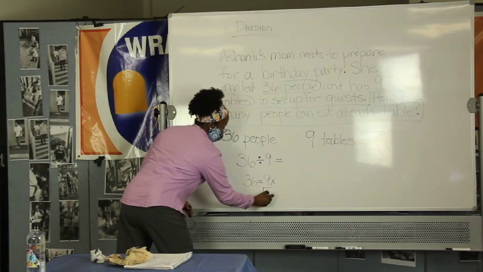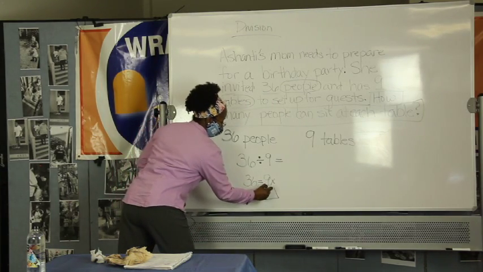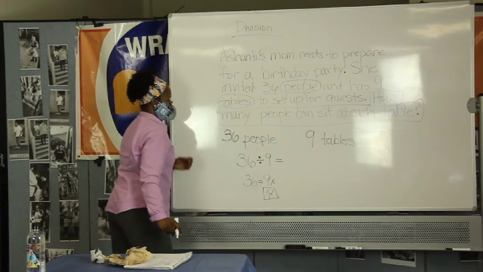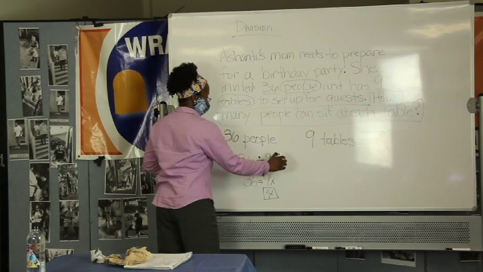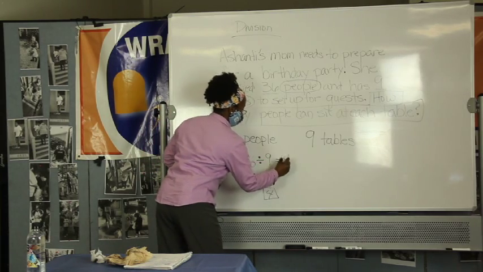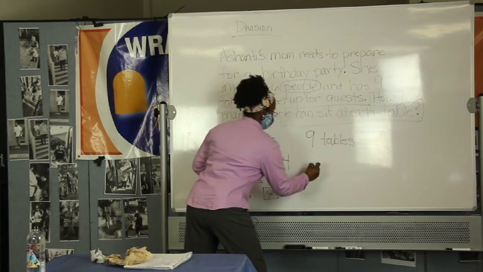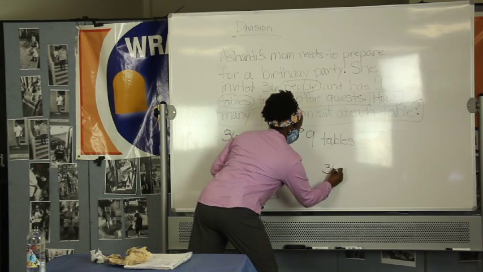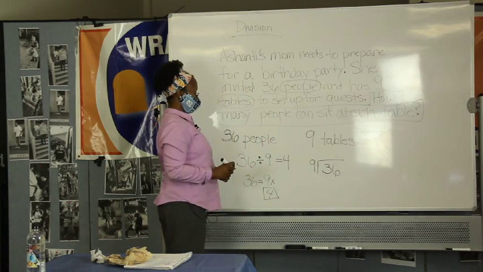What is the math fact that equals 36? It is 4. So we know that 36 divided by 9 equals 4. The other way that this can be written is 36 divided by 9.